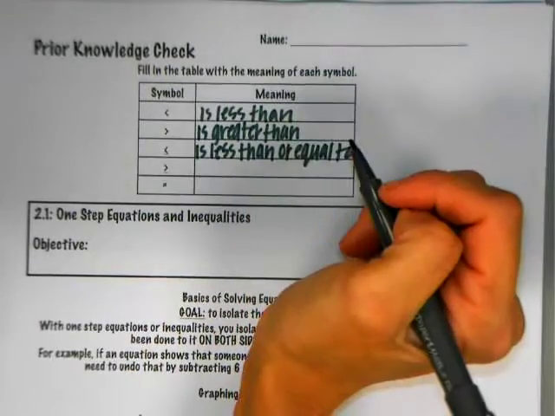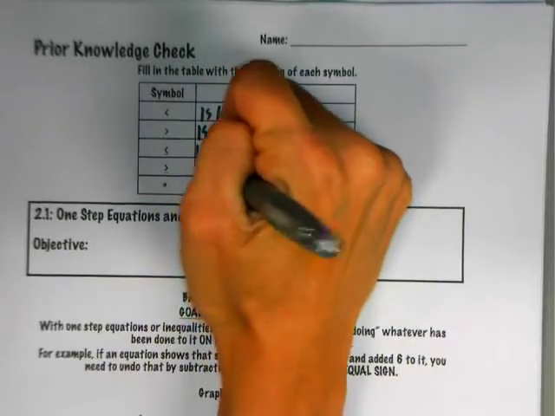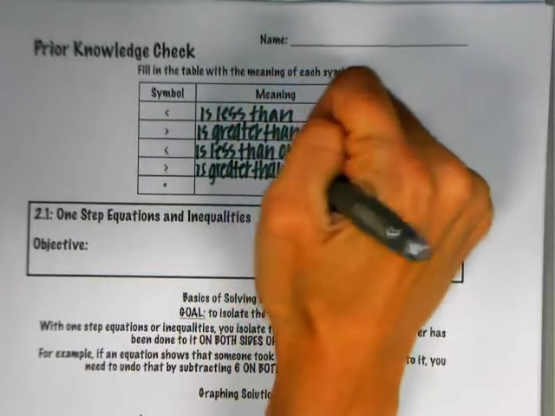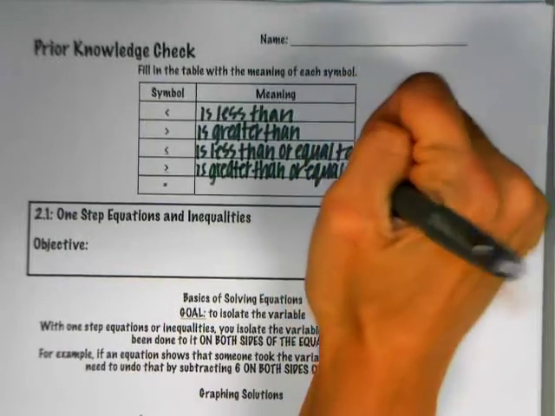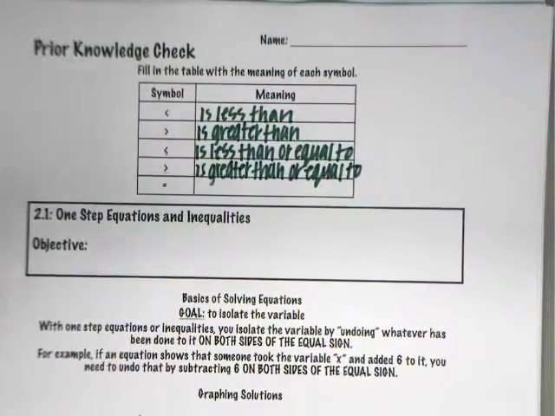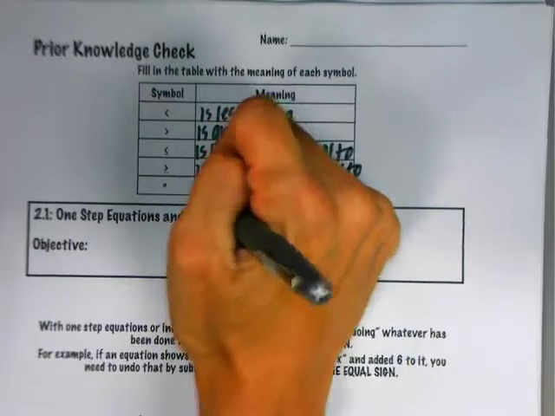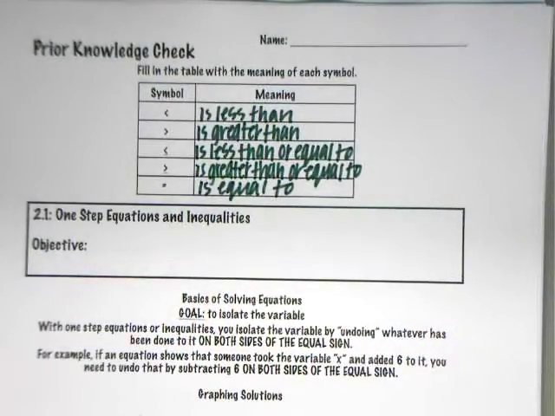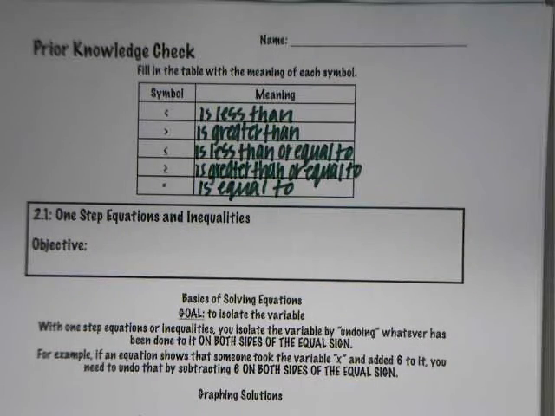And then what about the one below that? Yep, it's greater than or equal to. And then what about the last one? Yep, is equal to. Perfect. So when you have that line added underneath, that means it's the combo of the greater than, less than, with an equal to, okay?